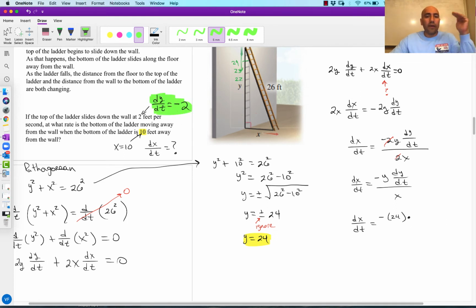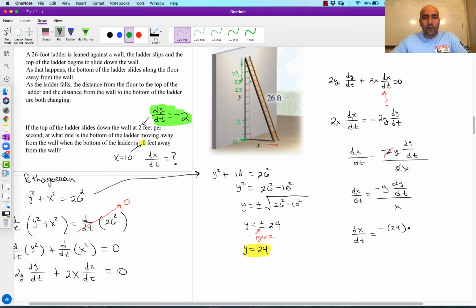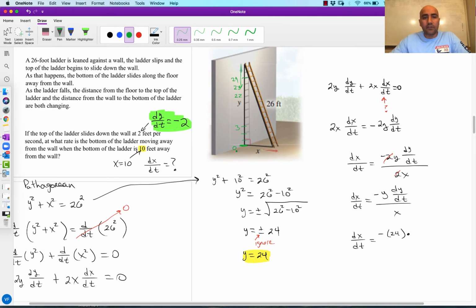The y variable is getting smaller. Using the scale that this is 0, and then we have 1 foot, 2 feet, 3 feet, it's increasing this way, and so the y variable is coming down, it's decreasing.